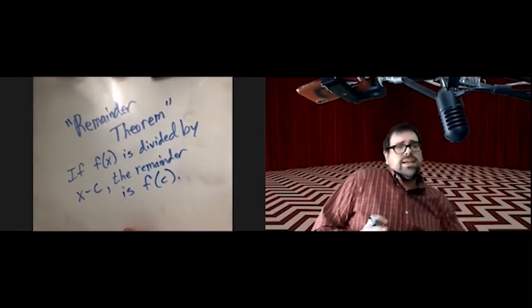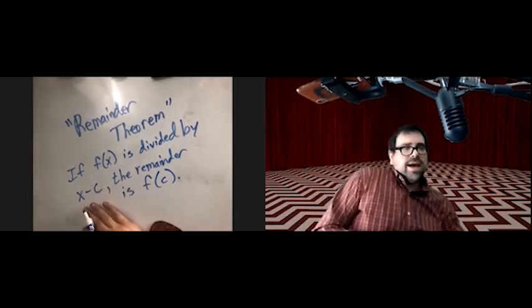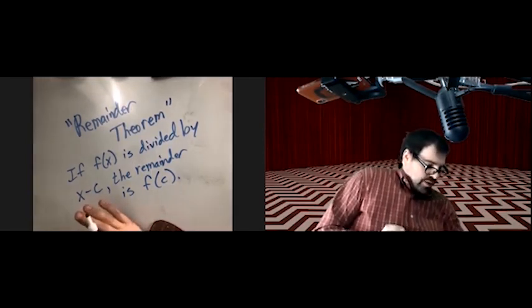This is actually really incredible that this works out. If a polynomial f of x is divided by x minus c, the remainder is f of c. How could we use this?